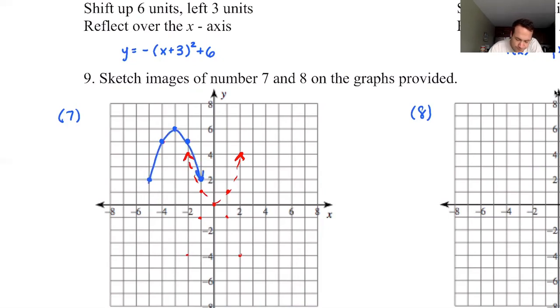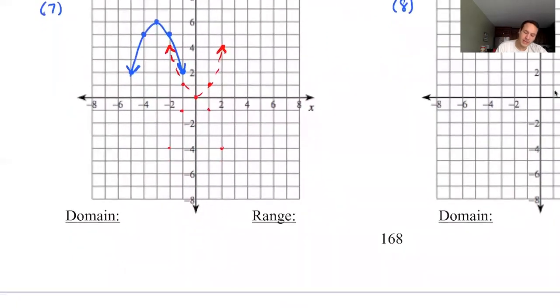Okay. Now this is going to change. My domain, we talked about that yesterday. That's not going to change. That's all real numbers. This will change the symbol. Reflections change the symbol of your range. Normally, where y is greater than or equal to 0, but because of that transformation, this is going to be y is less than or equal to.